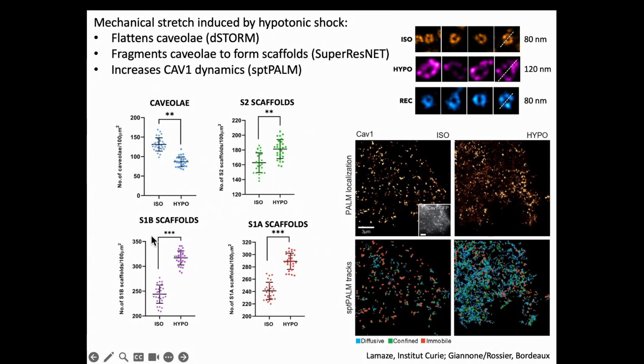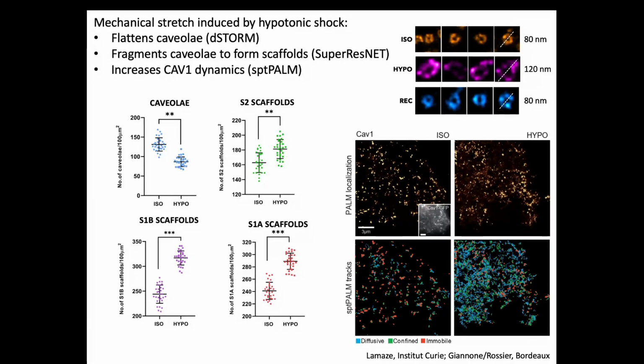He validated this result with Giannone and Borsier in Bordeaux, who applied single particle tracking to Cav1, and what they found is that upon hypotonic shock, the Cav1 in the membrane was far more mobile, consistent with the fact that caveolae are known to be highly immobile, and that upon hypotonic shock they release scaffolds, which become far more mobile.